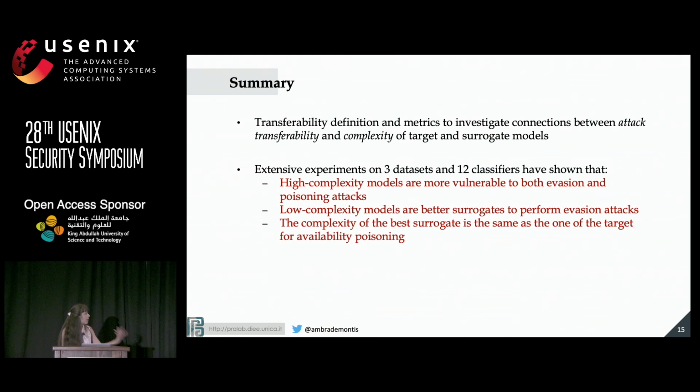We made a lot of experiments, and the main findings are that high complexity models are more vulnerable to both evasion and poisoning attacks. Low complexity models are the best surrogates for evasion attacks, while in case of poisoning, the best surrogates are the ones which have almost the same complexity as the target.